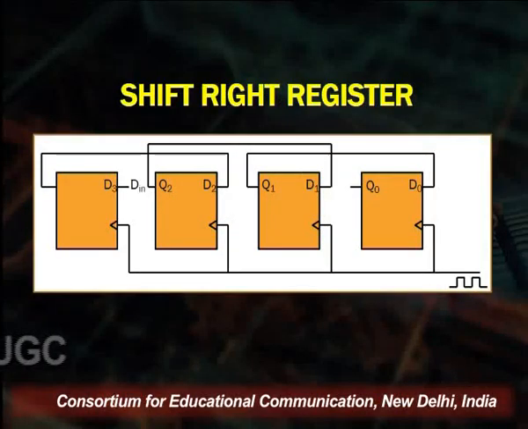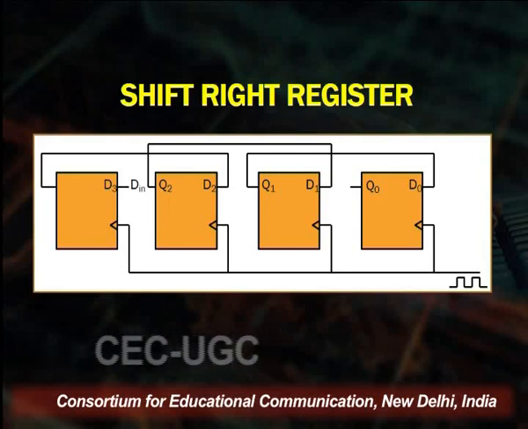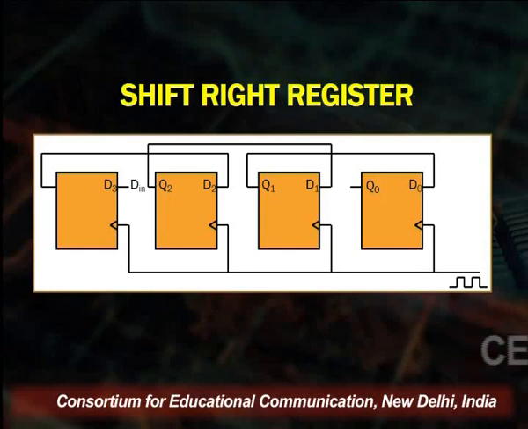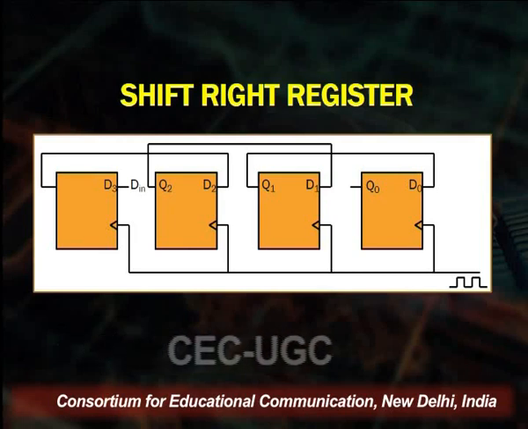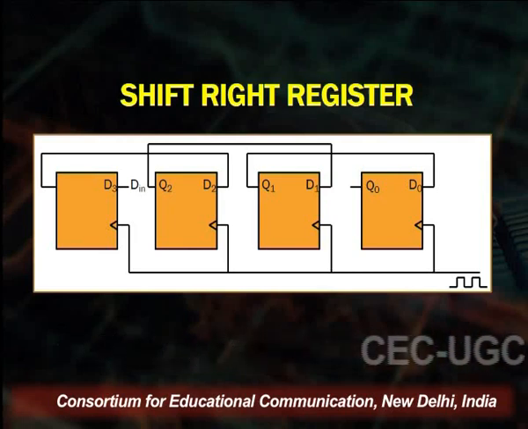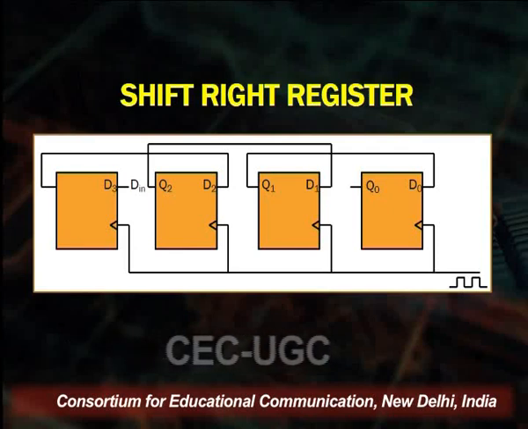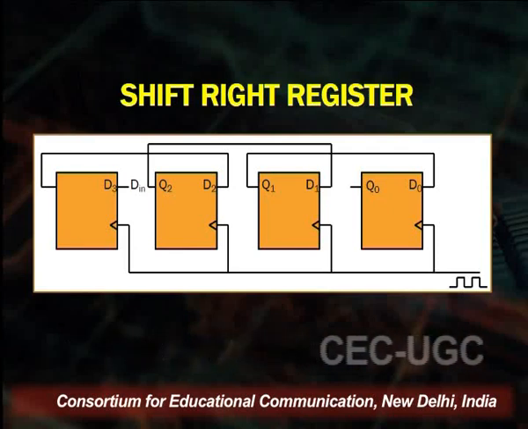Again, beginning from scratch, initially we have a clear that goes high, and the output of the flip-flops, Q3, Q2, Q1, Q0, goes as 0, 0, 0, 0. If D in is equal to 1, then after the first clock pulse we have the output Q3, Q2, Q1, Q0 as 1, 0, 0, 0.